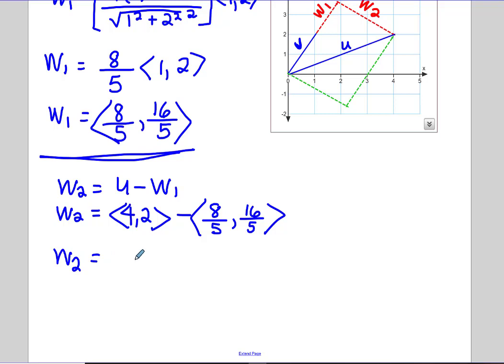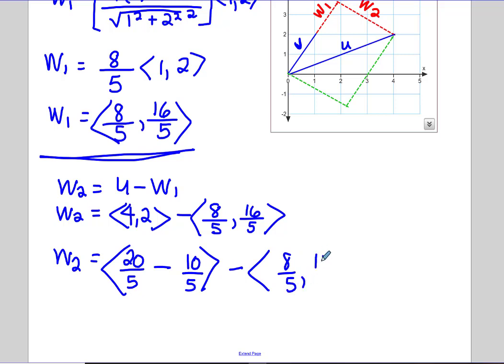We're going to change 4 into 5ths, and we're going to change 2 into what, as 5 is what, 10/5? 10/5. So we've got that to subtract from this. And I didn't mean to put a minus sign there. I meant to put a comma there.